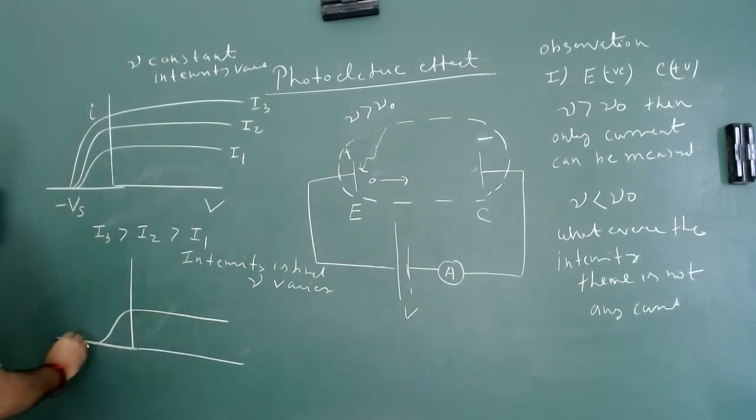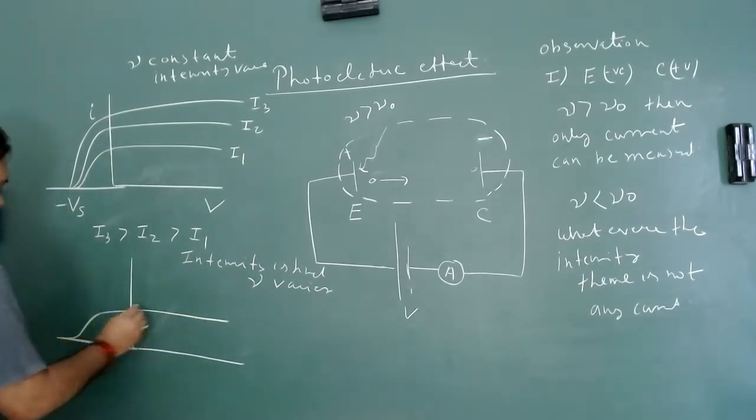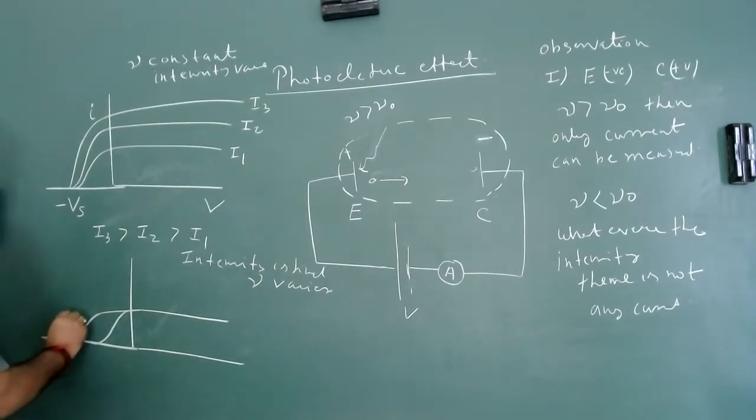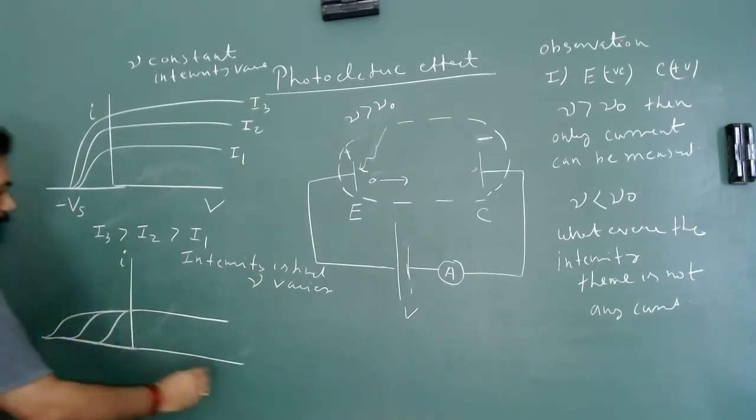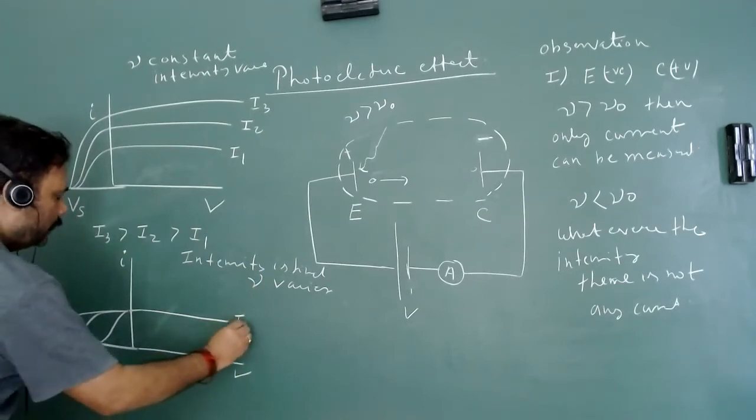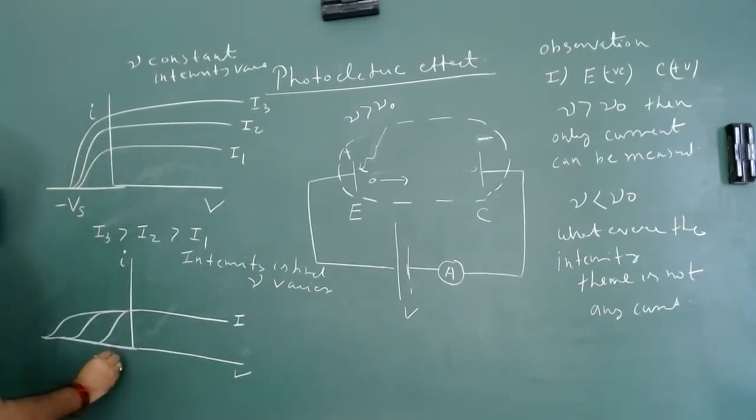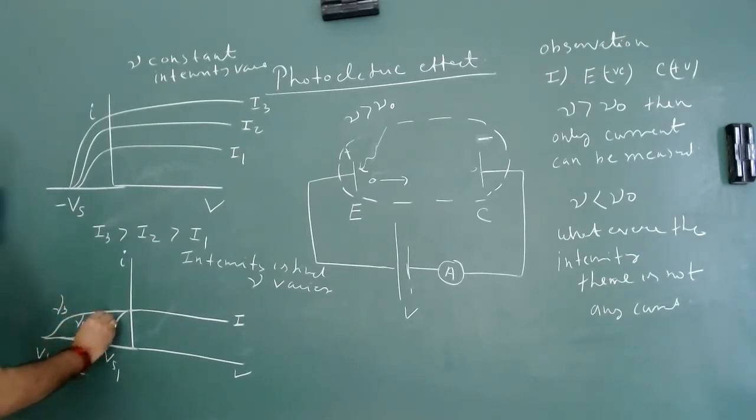This is again an I versus V curve. This is your intensity fixed, and this will be minus Vs1, Vs2, Vs3, and these will be your nu3, nu2, nu1.